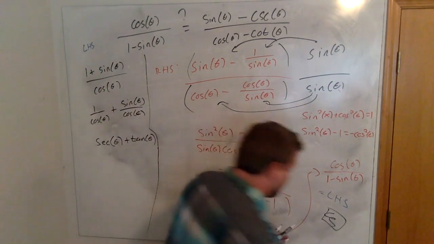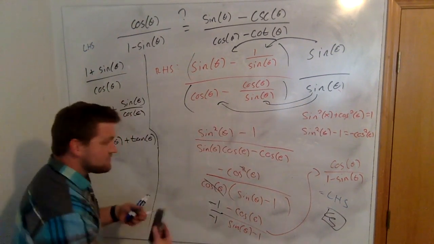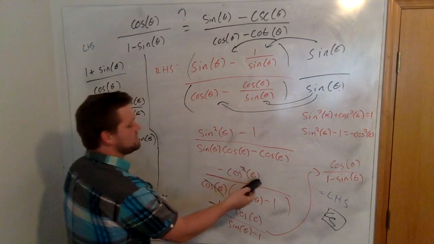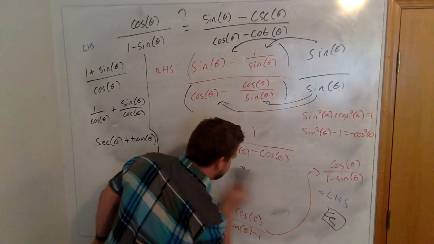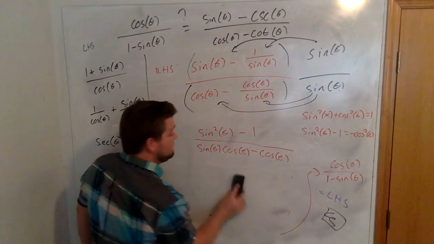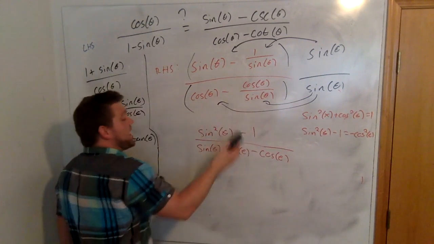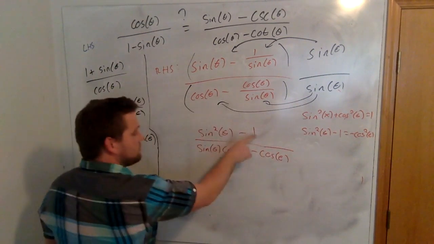Maybe for fun, instead of turning this sine squared of theta minus 1 into a negative cosine squared, maybe you saw something different. Maybe you thought to factor. This looks like a difference of squares pattern.